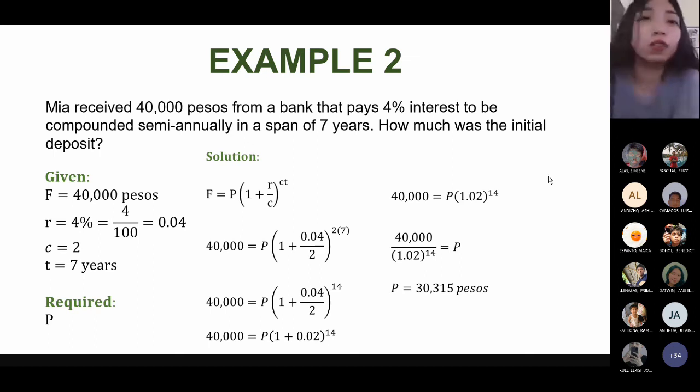And to get the value of our principal amount, we can divide 40,000 by 1.02 raised to 14. Okay, and then just simplify. We will get our principal amount that is equal to 30,315 pesos. And this is our final answer.